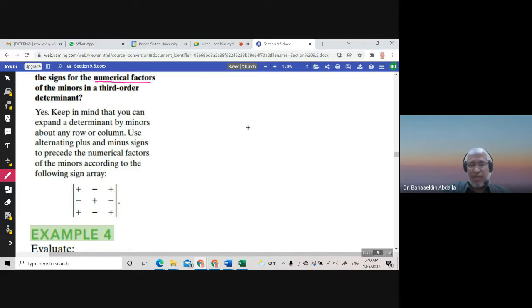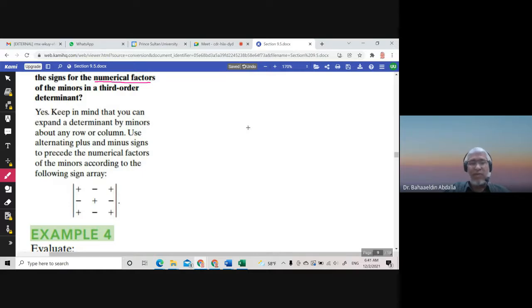The sign of this position is plus. So you could have in the determinant here 2, or in another determinant you could have -2. This has nothing to do with this one. This is the sign of the position. Whether the number is negative or positive, it's not important. There is always a positive sign in this position when we find the determinant, and negative here and positive, alternating in sign.